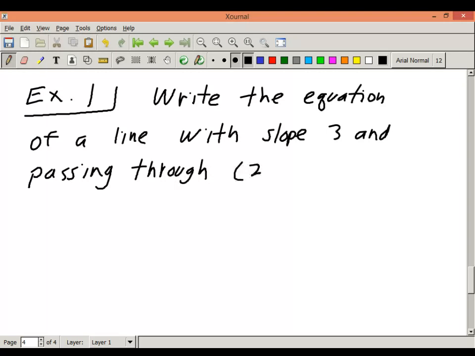So that's our known point. And we're going to stipulate that this equation is in slope-intercept form. So that's what it's going to look like at the end.